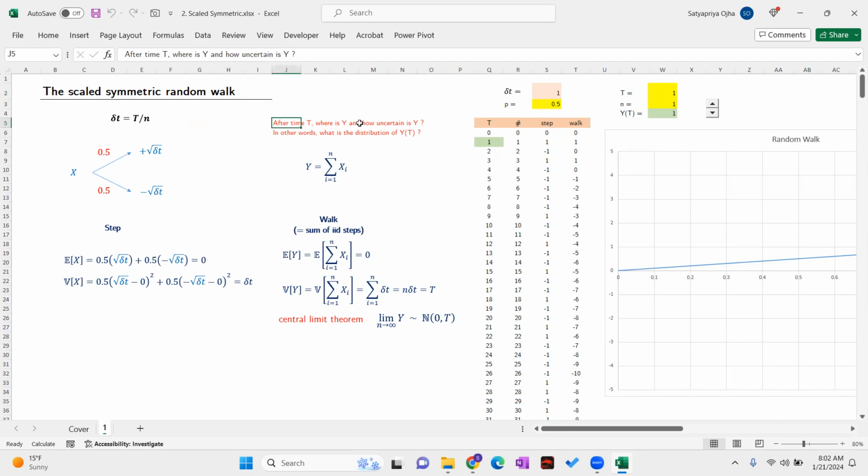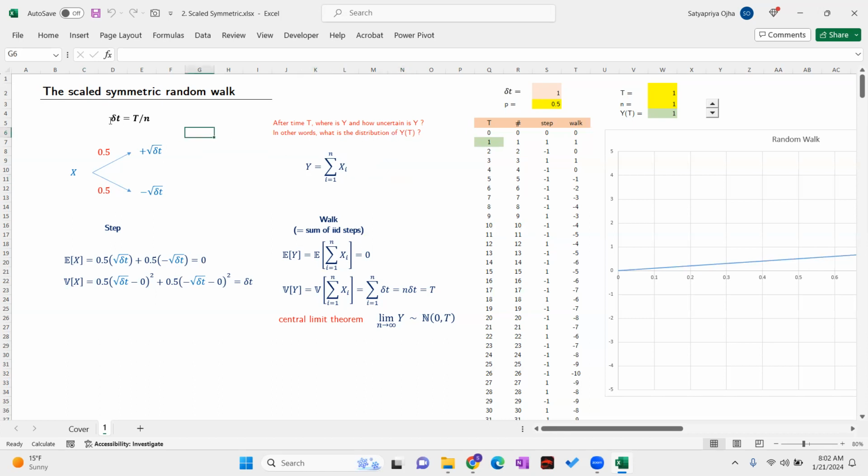Where is my walk? And how uncertain will it be after time capital T? In other words, we are trying to find the distribution of Y at time capital T. That is the fundamental thing that you have to model for any use case. So I'll do a few tweaks to my process so that it can address this particular question.